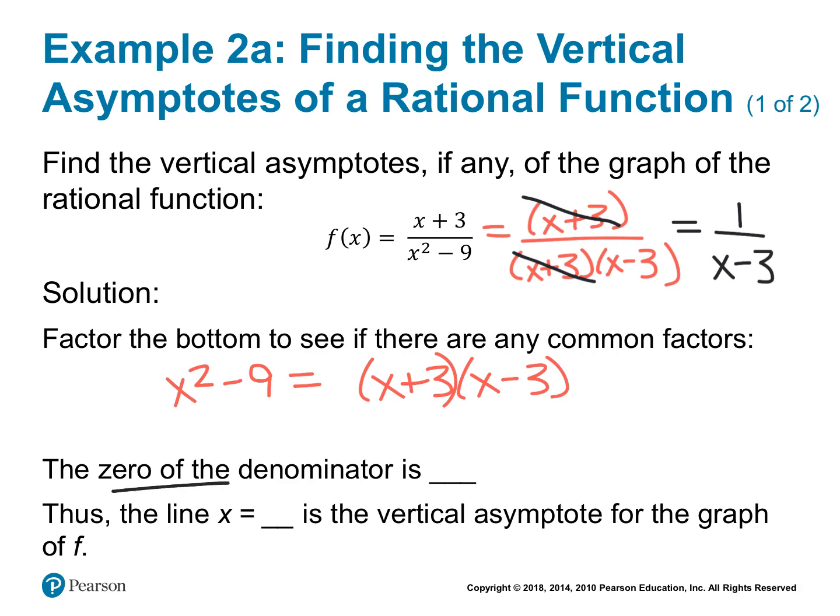So the zero of the denominator is what would make it equal 0, which would be positive 3. If you add it over, you get x equals 3. So the zero of the denominator is 3. That means the line x equals 3 is going to be a vertical asymptote for the graph.